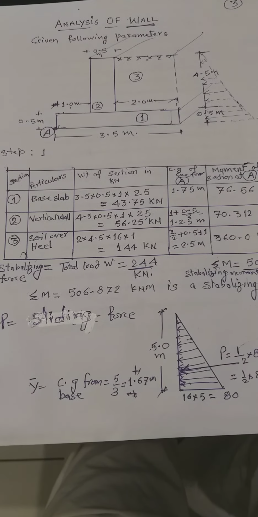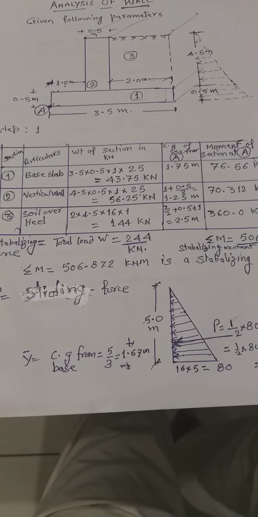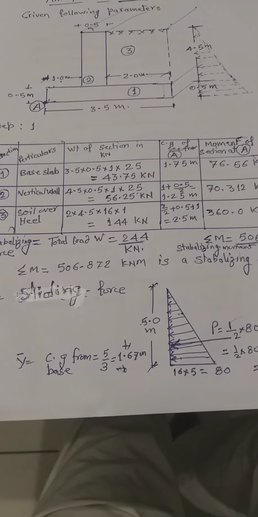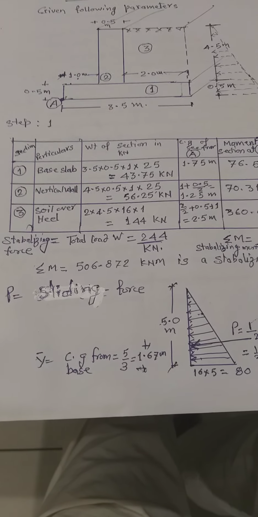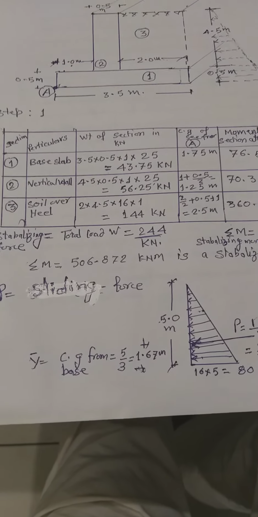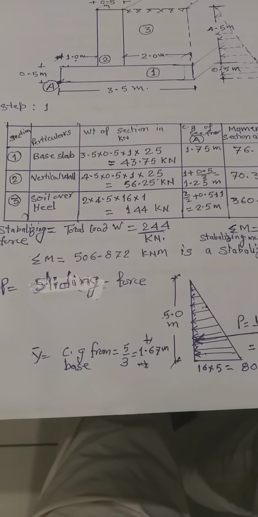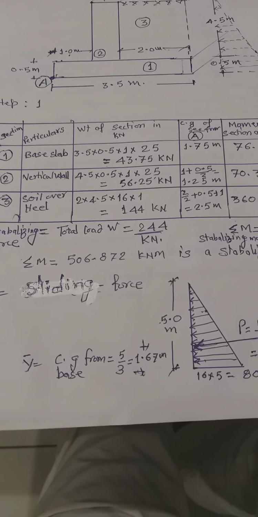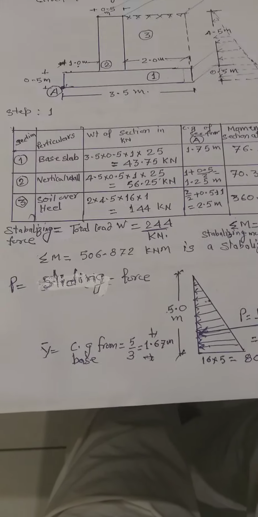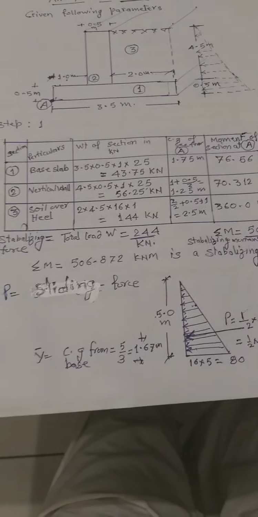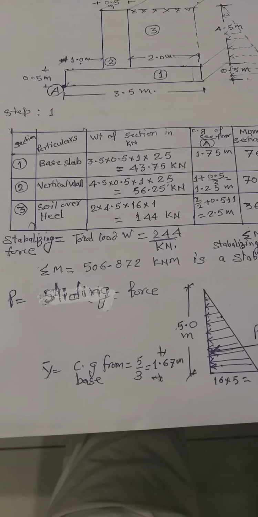Now we have to see the effect of all the earth acting on this retaining wall, and this can be seen by taking the moment at the corner of the toe, which is marked by capital A encircled over here.